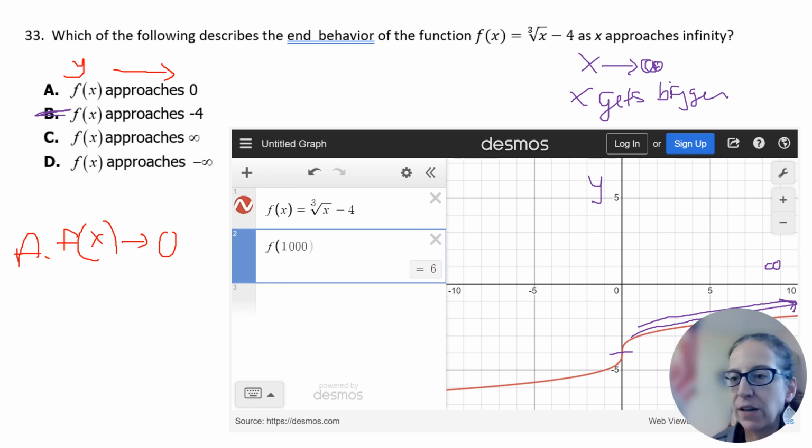Y approaches infinity. Okay, so that would be like it keeps getting bigger and bigger and bigger. Now it does look like my y value is getting bigger and bigger and bigger, so I'm not going to rule that one out. And then y is approaching negative infinity. That would mean the y value is getting smaller or going down, which it is not.